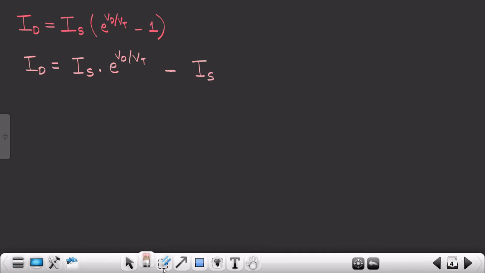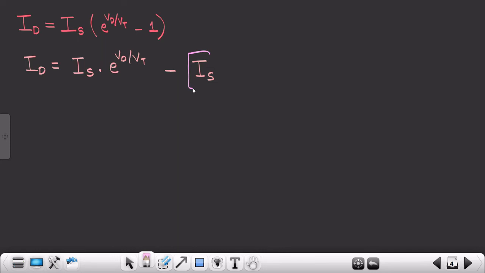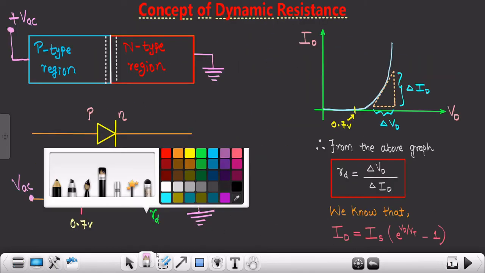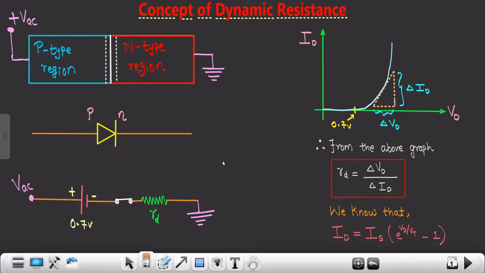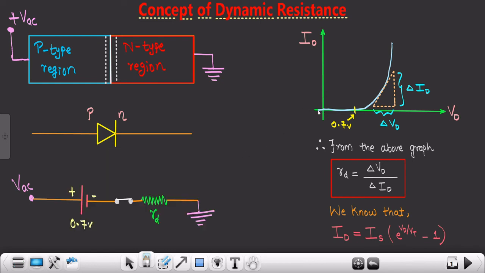Now if you look at this particular part, you can substitute this IS as almost equivalent to 0. Now you will ask me why, sir? Obviously IS is nothing but the reverse saturation current. So I'm talking about this current, and it would be almost equivalent to 0.